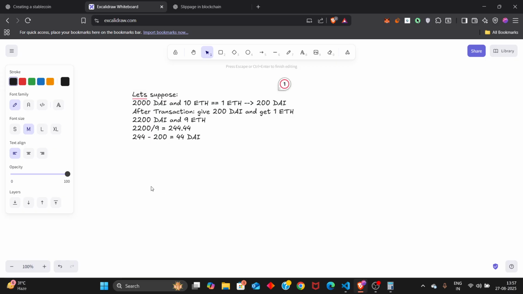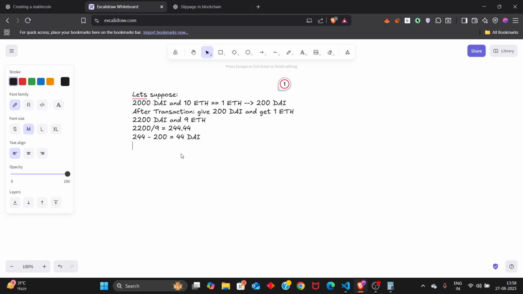But in real life it doesn't happen like that. It also happens that two people try to do this transaction at the same time, but one still gets less DAI while the other does not experience slippage. Why does it happen?